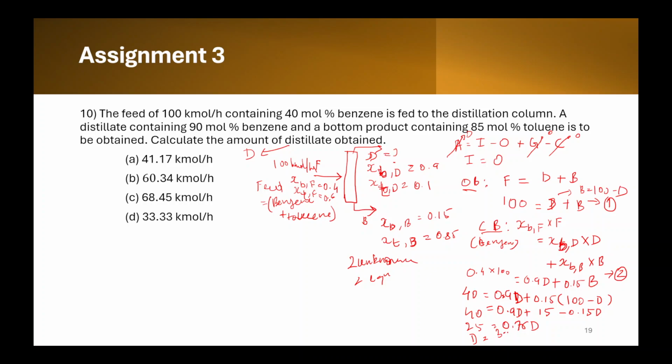So it will give us 100 by 3, 33.33 kilomole per hour, as that is what the inlet feed stream's unit is. So 33.33 kilomole per hour. That will be the correct answer here.